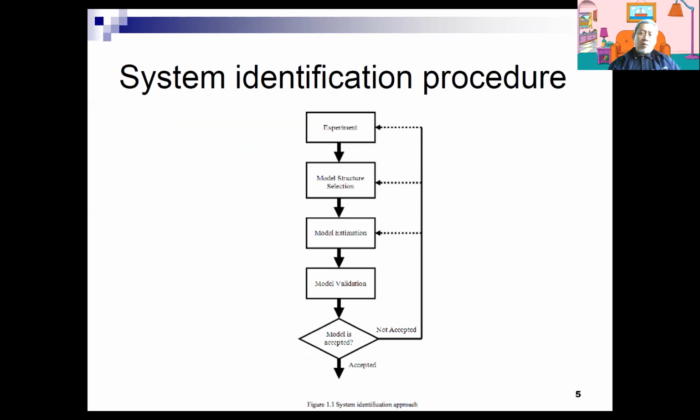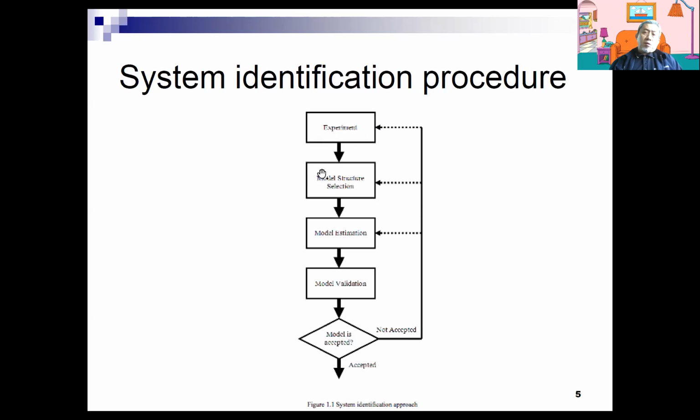This procedure is stated and depicted in this flowchart: the experiment, the model structure selection, the model estimation, and the model validation. It starts from the experiment, where we design the input for the system, the PRBS or sine input, or maybe the step or impulse.